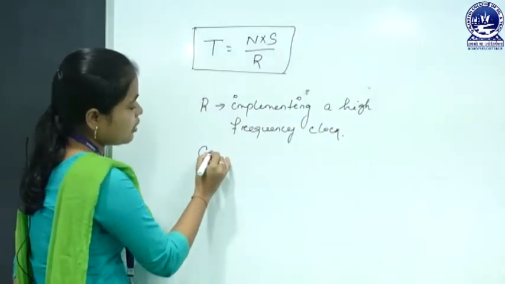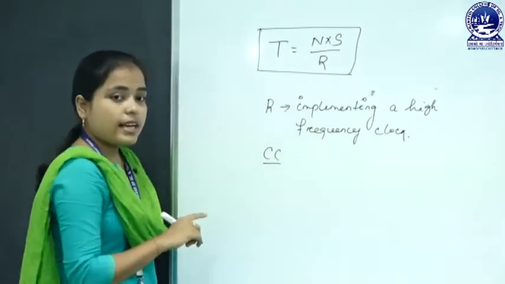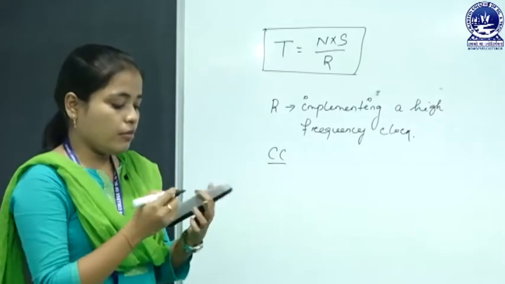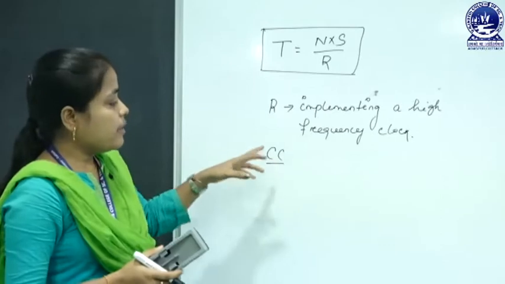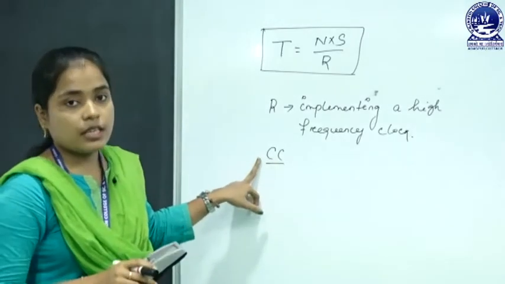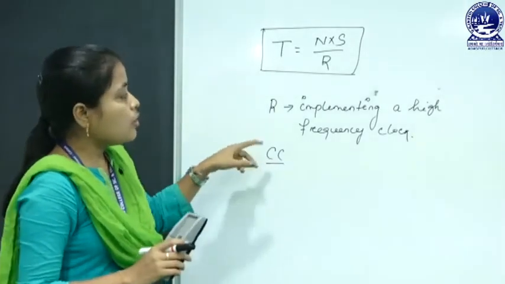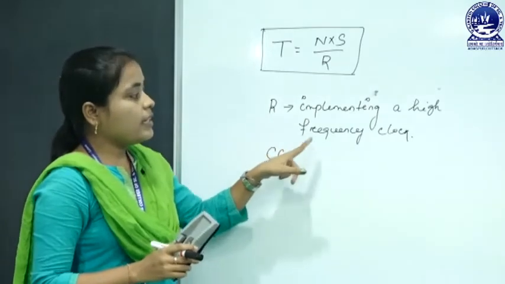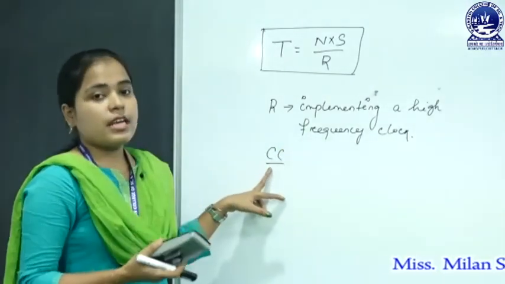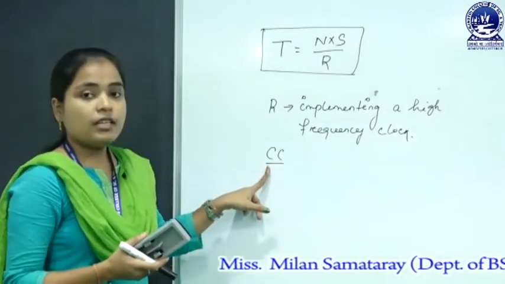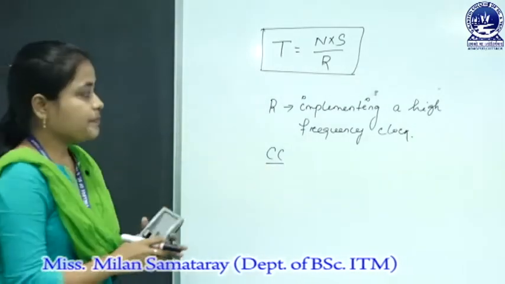Actually, what do you mean by clock cycle? We have to design the clock cycle in such a way that one basic step can be executed in one clock cycle. Okay. So, we have to implement a high frequency clock so that many more steps can be executed in one clock cycle.